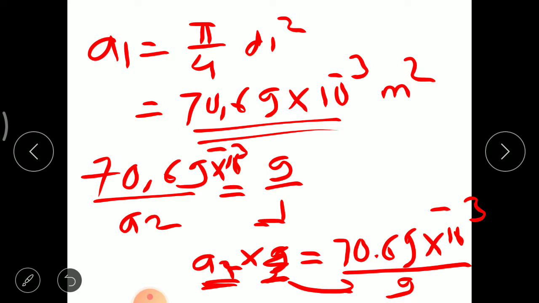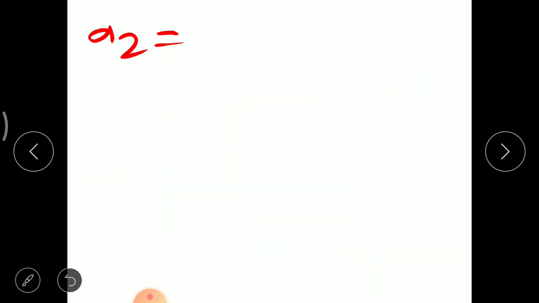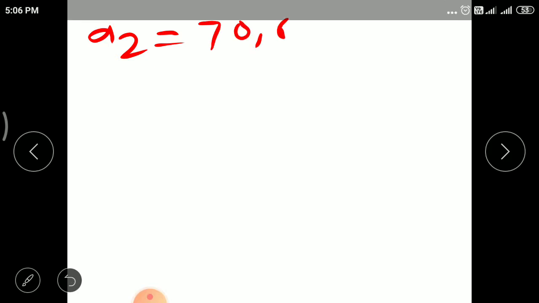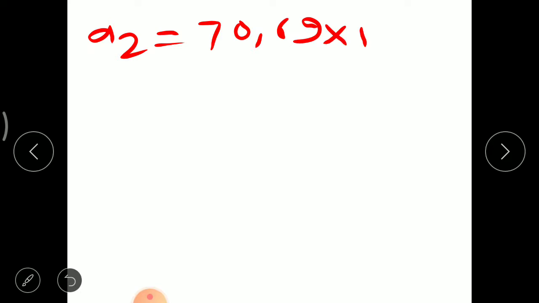So the value of A2 is equal to 70.69 multiplied by 10 raised to minus 3 divided by 9.